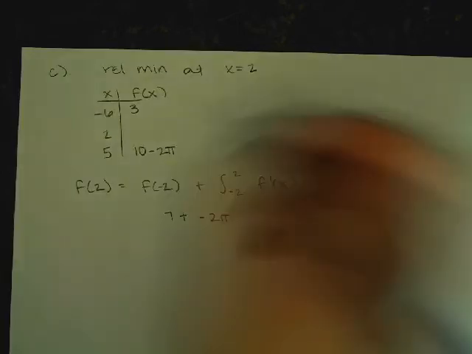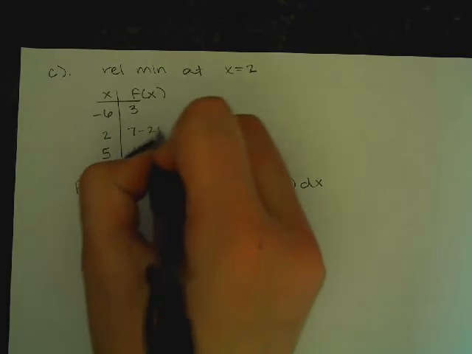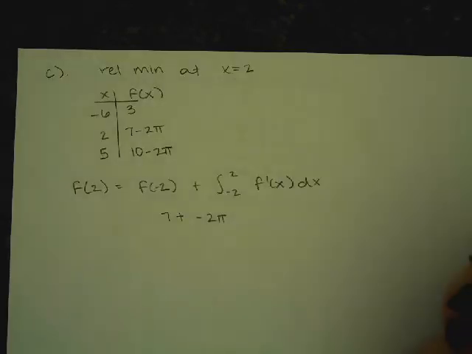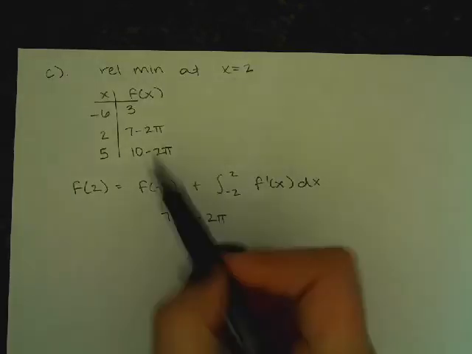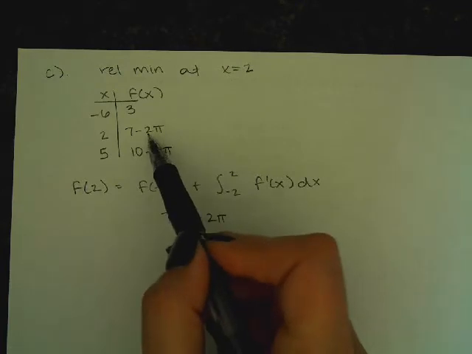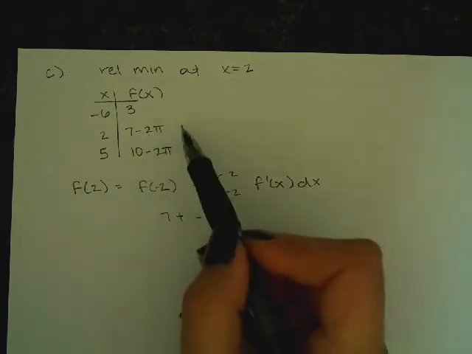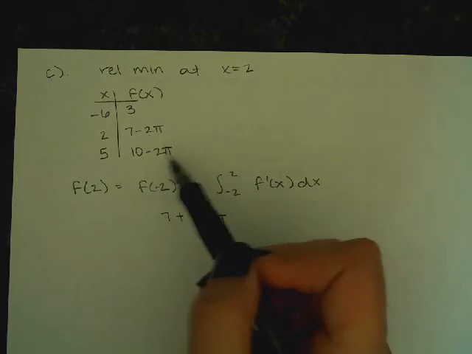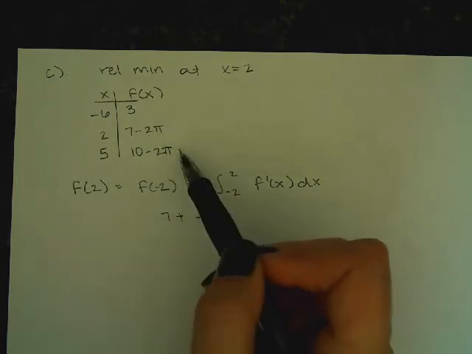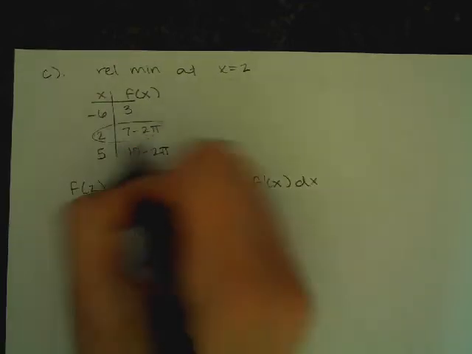So if I plug in 2, I get 7 minus 2 pi. This is 7 minus about 6, which is approximately 1, a little bit less than 1. 10 minus 6 is going to be a little bit less than 4. And so if I'm looking for my absolute minimum value, this is where it's going to be.